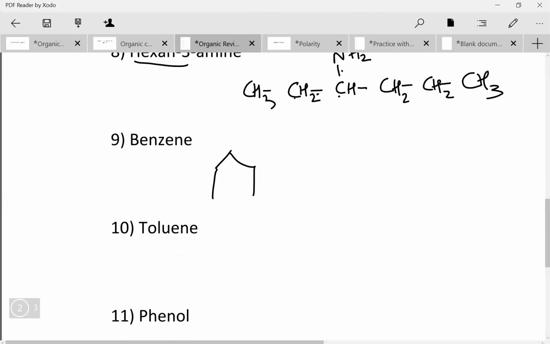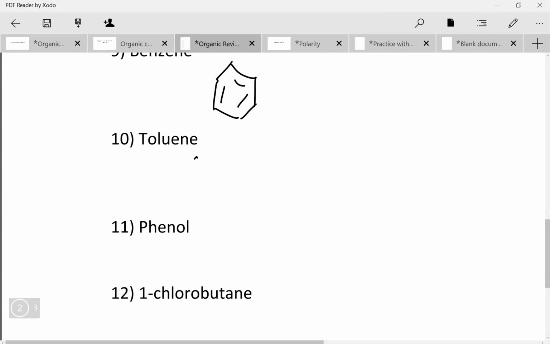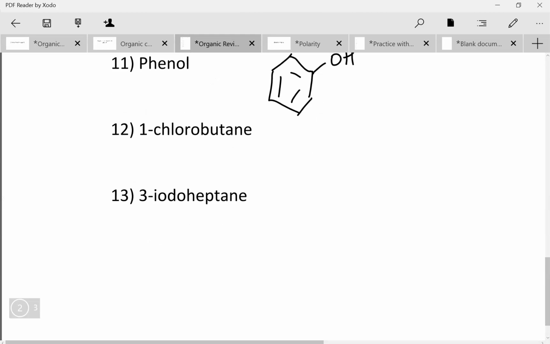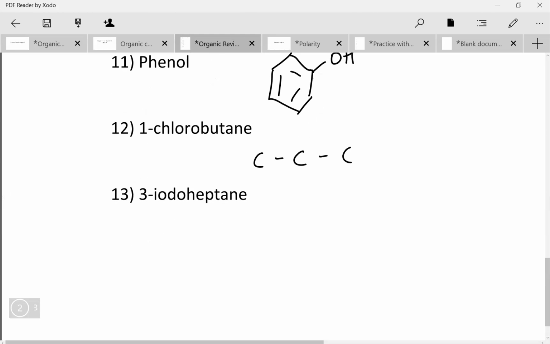Benzene, we've reviewed this, so if it's looking foreign to you, look back at it. That was weird. Toluene. Phenol. 1-chlorobutane. So butane, then off the first carbon there's a chlorine group.